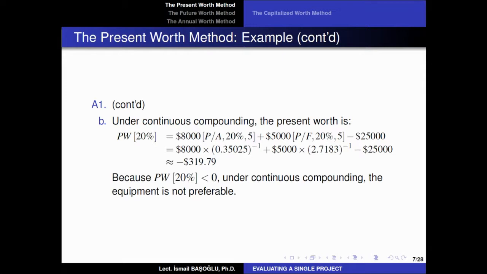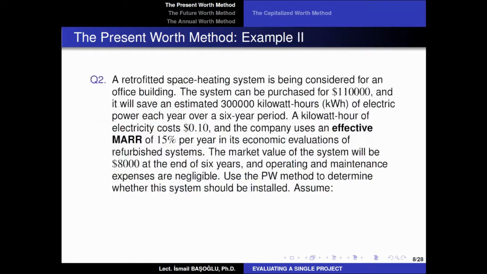So we need to perform all these present worth analyses based on the minimum attractive rate of return and the compounding periods of that minimum attractive rate of return of that company. And for part A and part B, as you can see, we have different results.